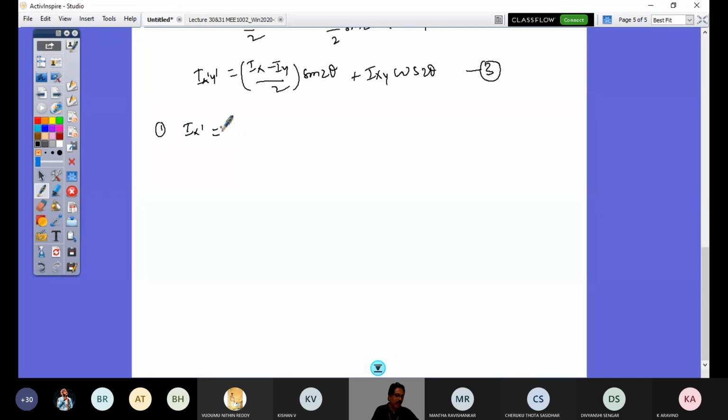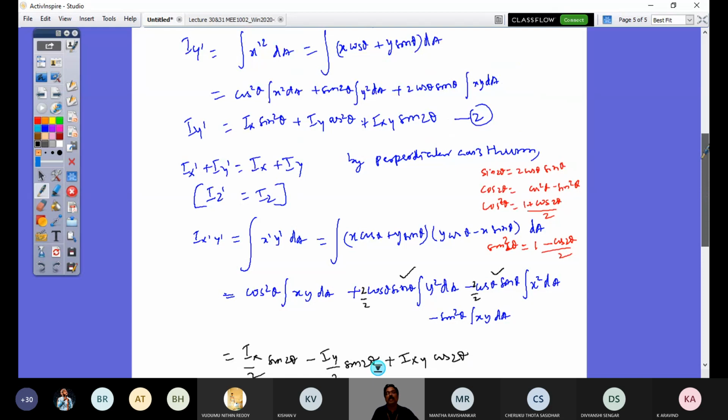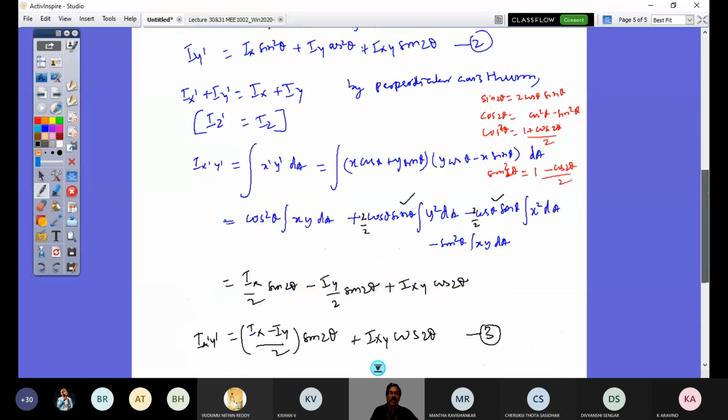So in equation 1, Ix cos squared theta term becomes Ix times 1 plus cos 2 theta by 2, and plus Iy, and that sin squared theta term is 1 minus cos 2 theta by 2, minus Ixy sin 2 theta. So look here, the cos square theta and sin square theta terms I changed with this trigonometric relation. Now I can bring it in the other way.